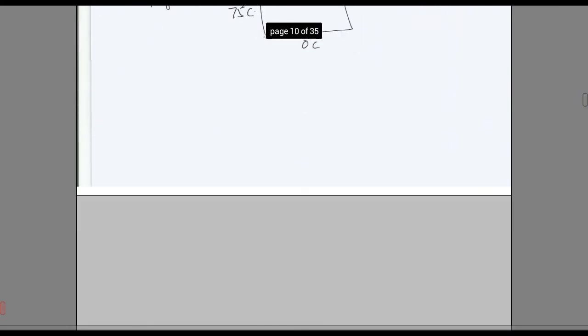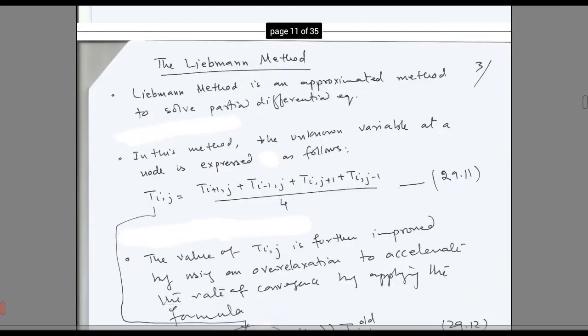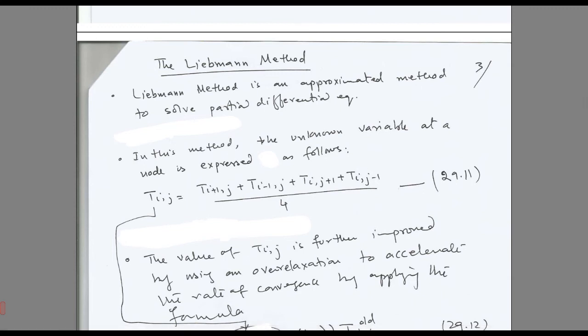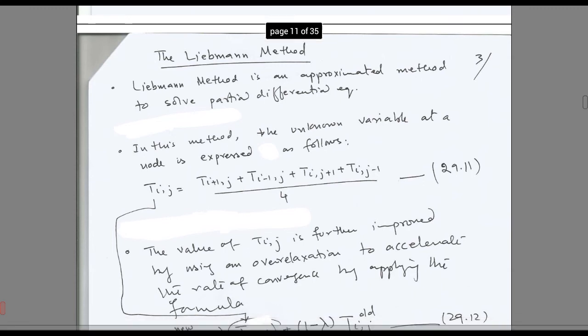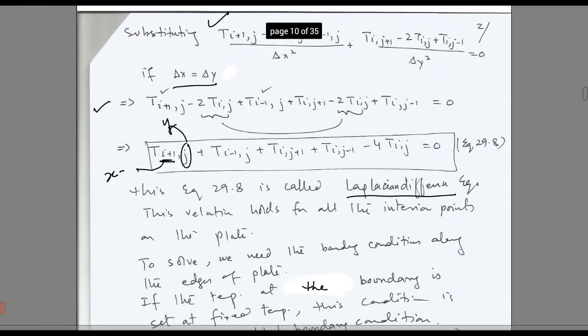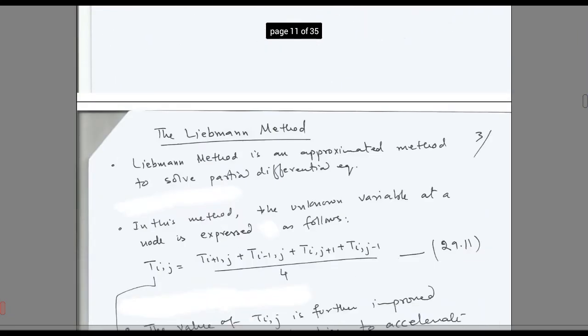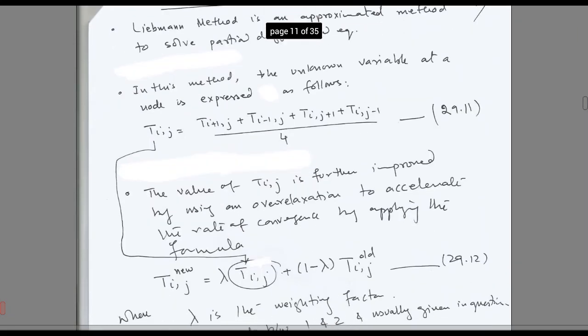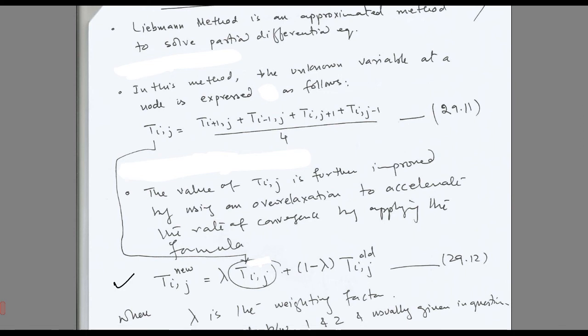Next we will switch directly to Liebmann's method. The Liebmann method uses the previous equation we just derived, and we will rearrange this equation along with an improvement over the relaxation operator equation.